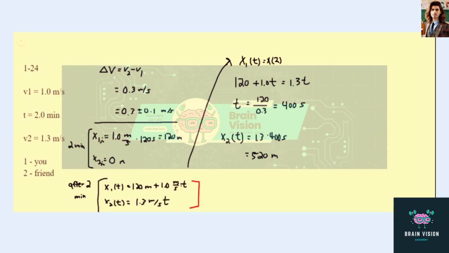The term we want to look at for providing uncertainty is primarily this denominator, the 0.3 meters per second in our velocity. I mentioned this before and erased it for some reason: this should be two sig figs.